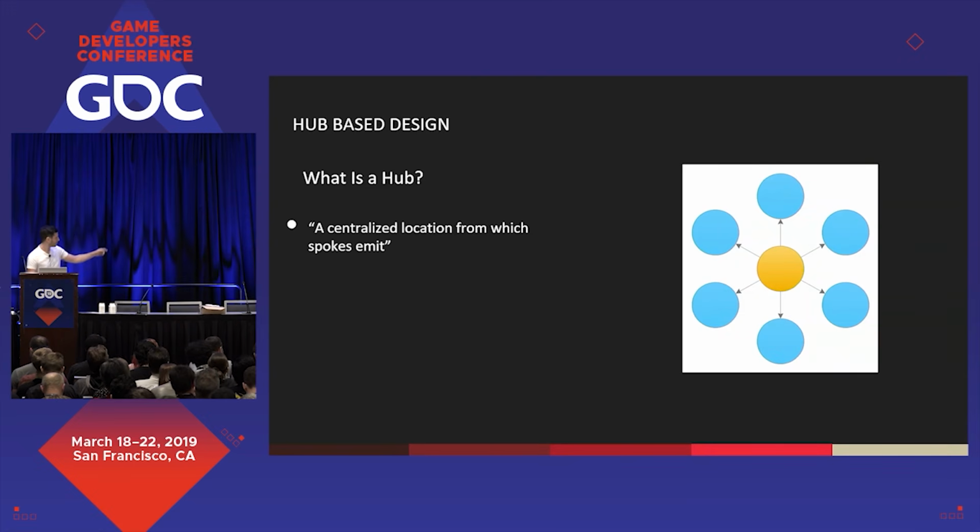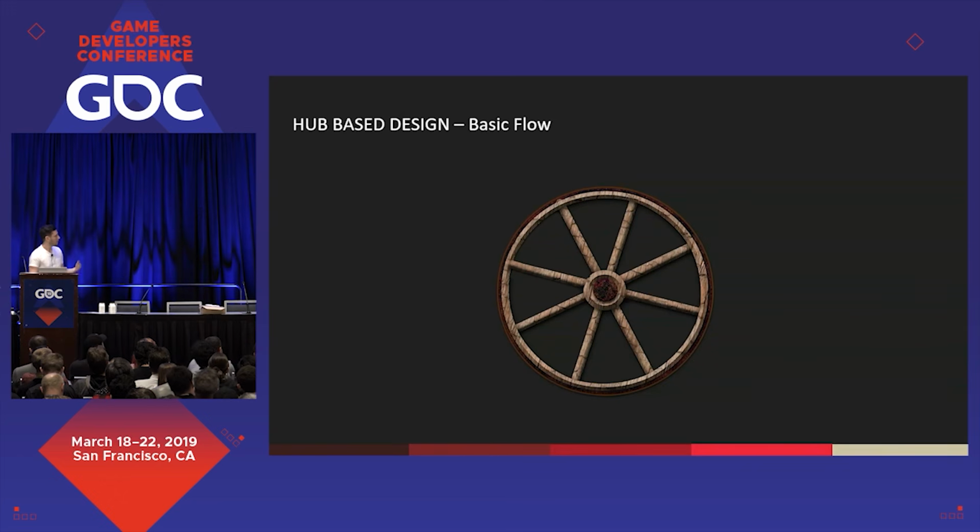Using this and the definition here, you can see that the yellow center acts as a central location. The arrows coming out represent the spokes, and the blue circles represent the destinations or the endpoints, right? A lot of people describe a hub as a wagon wheel. That's a pretty popular comparison.